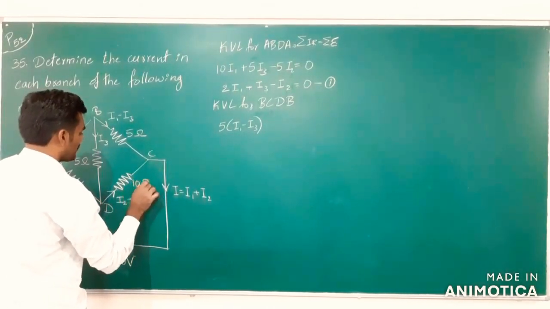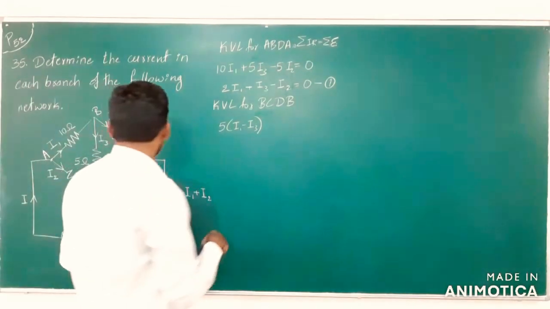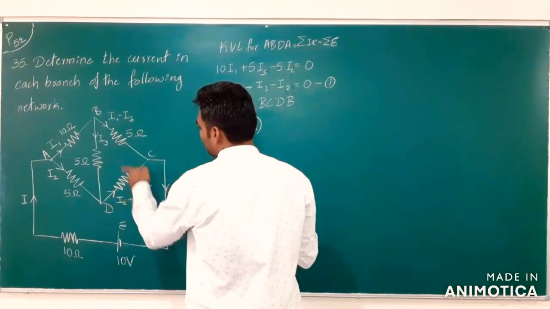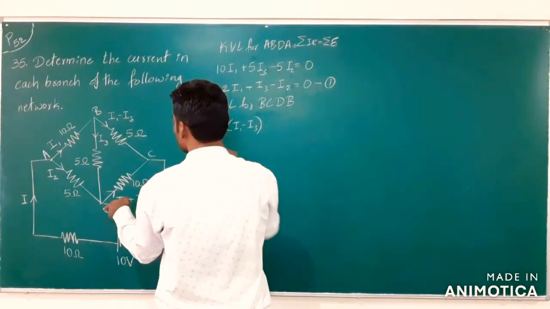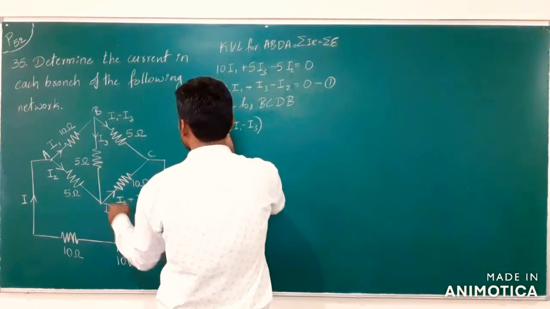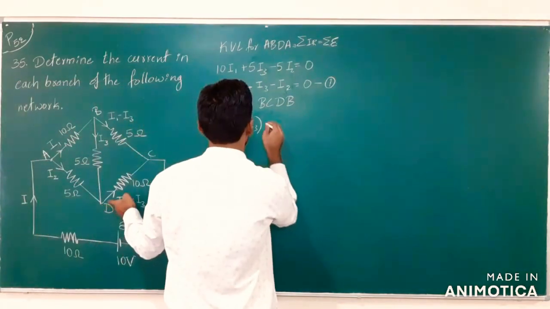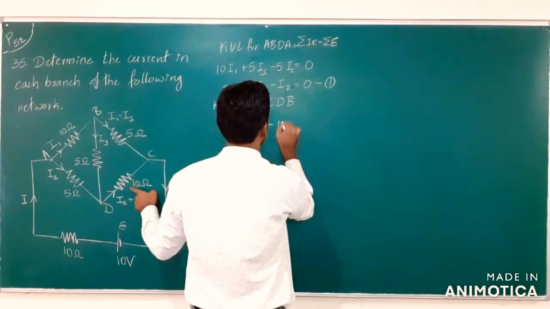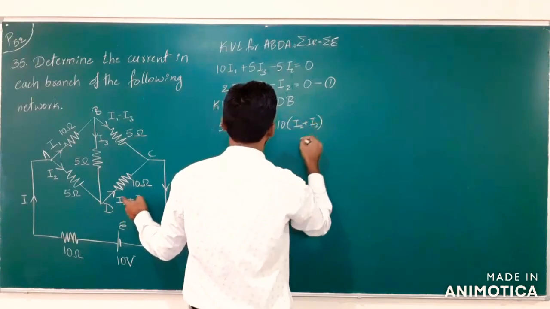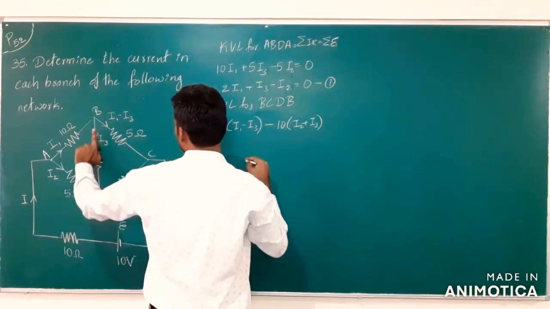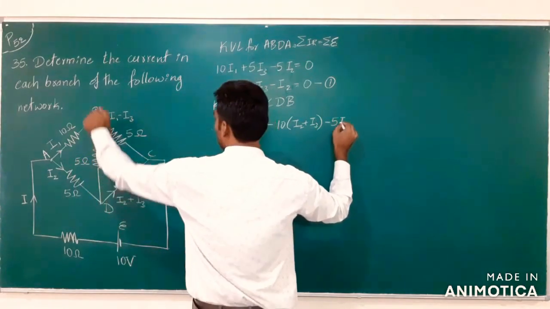So C to D is minus 10 times I2 plus I3, and D to B is minus 5 I3, opposite direction current, is equal to 0.